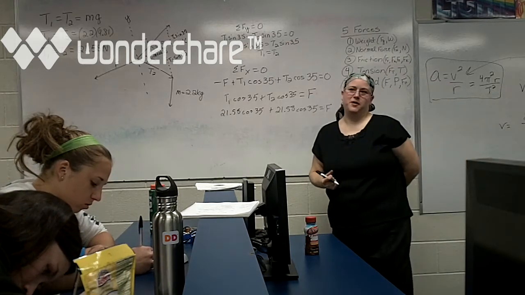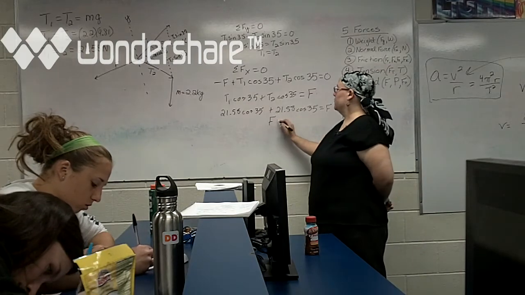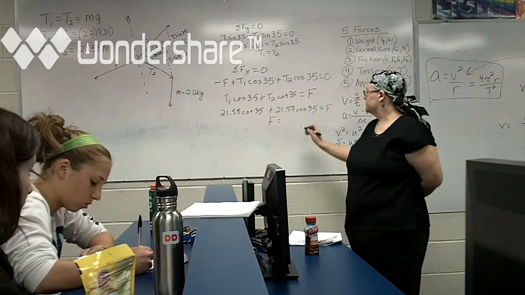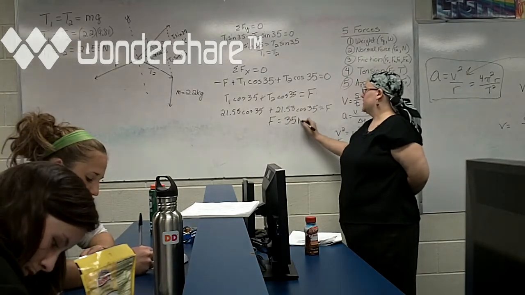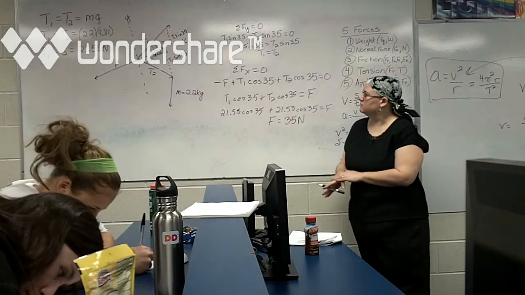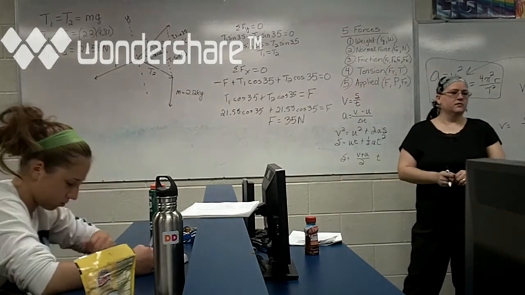Whatever makes you happy. Which will give us the force that we were trying to get: 35.36 newtons. Okay, 35 newtons, because they gave us the mass as 2 sig figs.